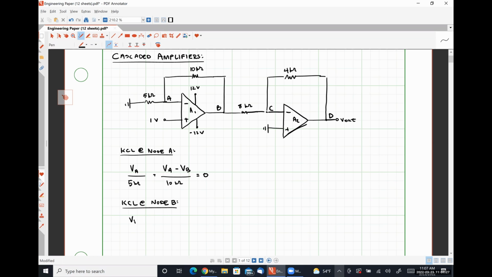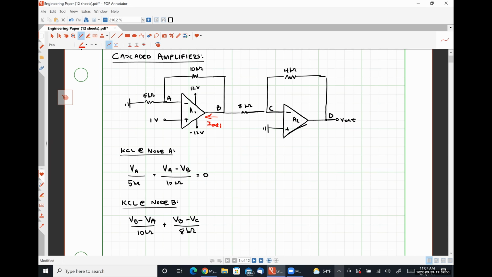That would simply be VB minus VA over 10 kilo ohms. And the current flowing to the right through our 8 kilo ohm resistor would be VB minus VC over 8 kilo ohms. The problem that we have is that there may be some current here.